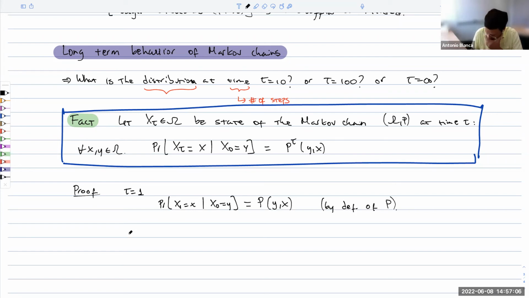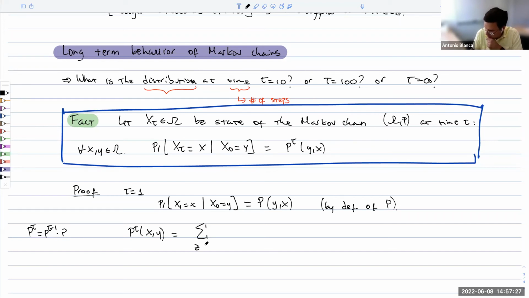Okay, and now in general, we open this matrix multiplication. P^t is equal to P^(t-1) times P. We look at the xy entry of that matrix.